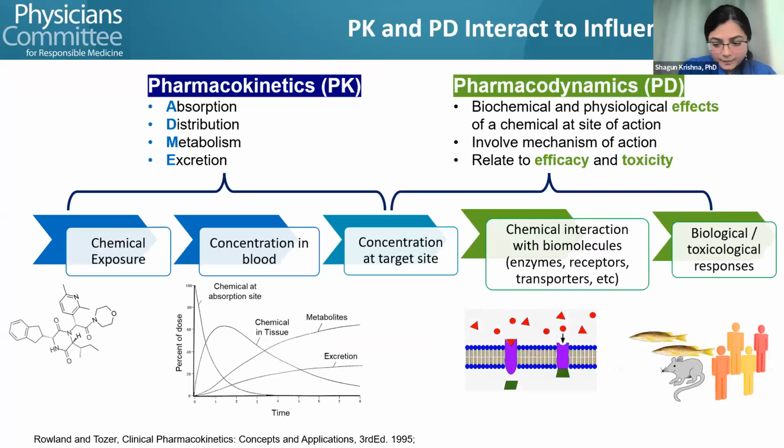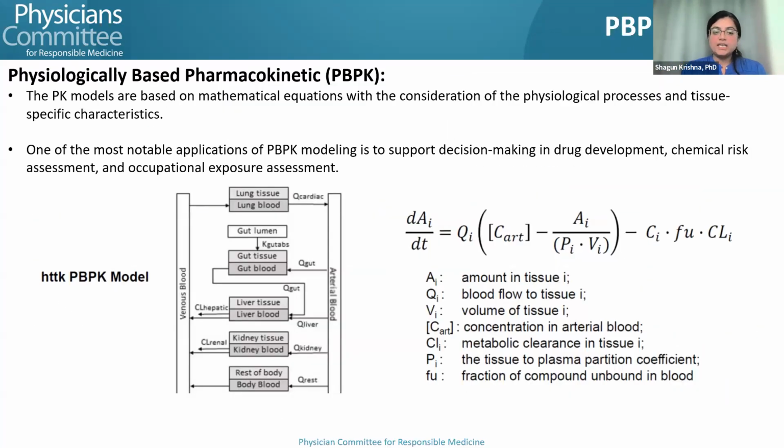The HTTK package that EPA has built is very helpful to utilize these PBPK models in real world scenarios. These HTTK models basically work in R, which is a programming language. But in the later slides, I will show that you don't need to be a programmer to utilize these approaches.